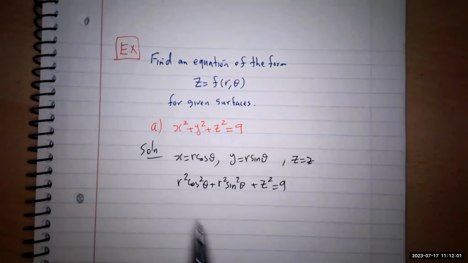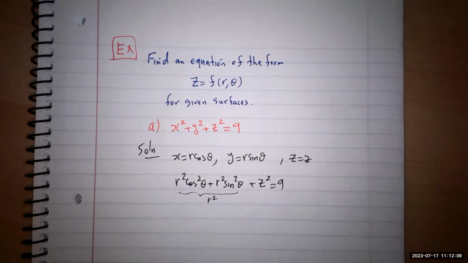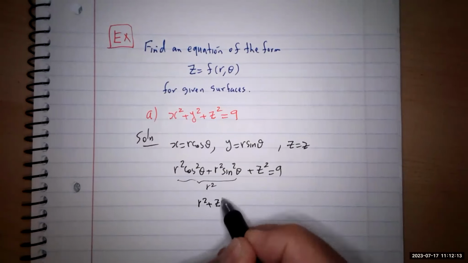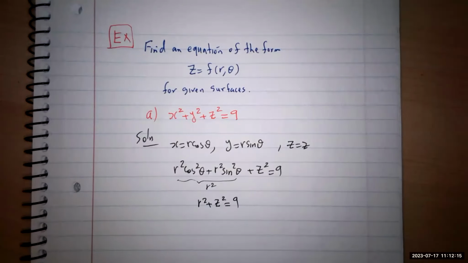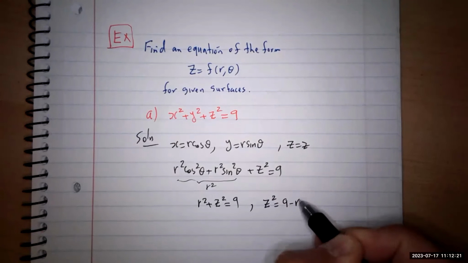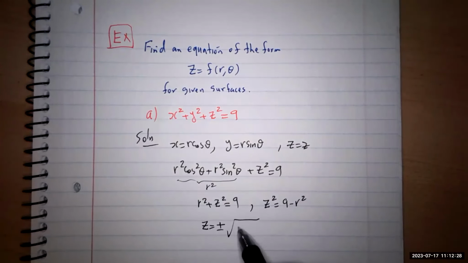Try to simplify it if you can. You pull out the r squared, sine squared plus cosine squared would be 1, so this is r squared. So we have r squared plus z squared equal to 9. You solve for z squared, which is 9 minus r squared. You take the square root, z would be plus or minus the square root of 9 minus r squared.